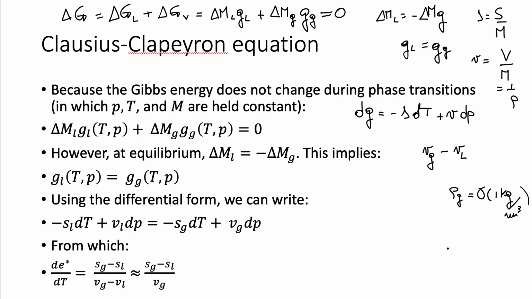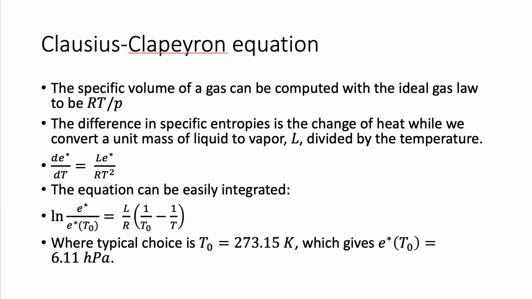The density of the liquid is of the order of 1,000 kilograms per meter cubed. So this is much bigger than that, which means that if we take the inverse, this is a lot smaller than that, and so we can ignore it. And so the changes of e star with T are given by differences in specific entropy over the specific volume of the gas. Okay, excellent. But can we say something more?